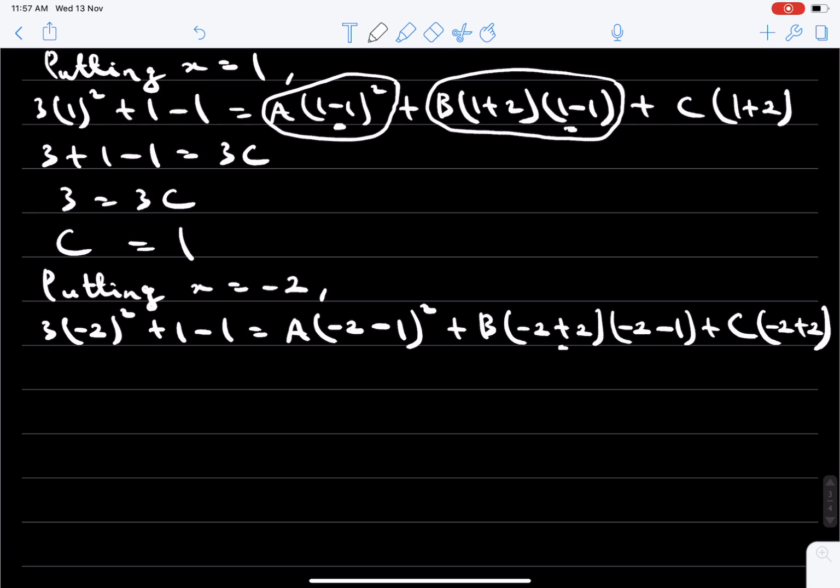So minus 2 plus 2 is 0. That means the whole of this is 0. Minus 2 plus 2 is 0. That means the whole of this is also 0.